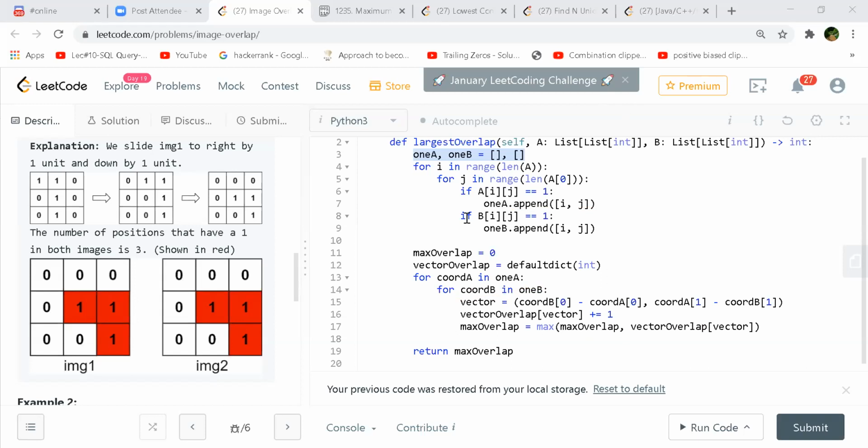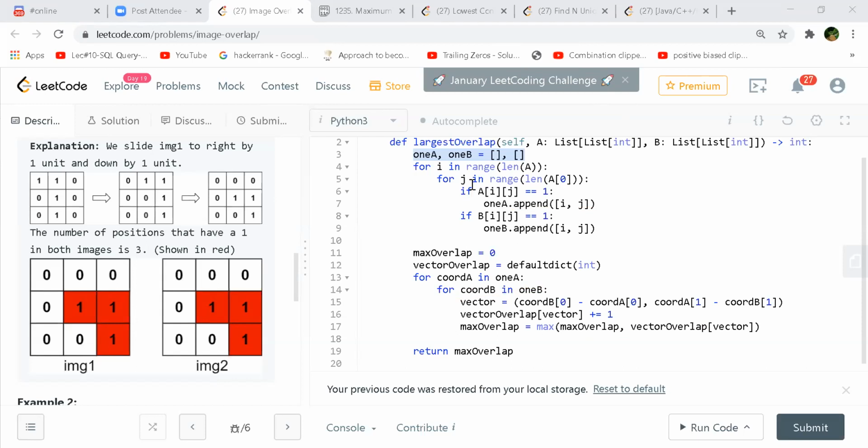What is the data type of the vector? Vector is a default dict int, like integer type. Oh, it's a dictionary. Yeah, maybe like an unordered map. Okay, yeah, so this is good.